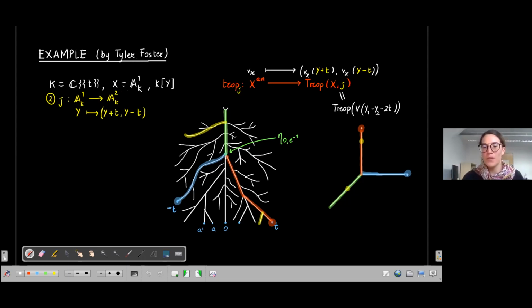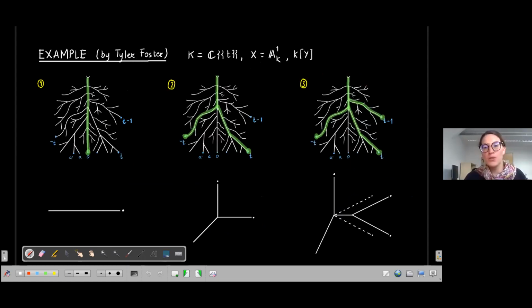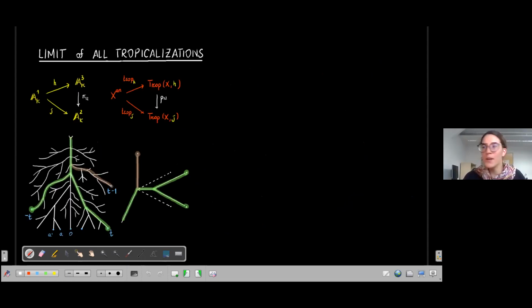Okay, let me go back to here. So we observed in this example that we can have different embeddings. Sometimes embeddings can be related by maps like this projection, and these also induce a map between the tropicalizations with respect to the different embeddings.